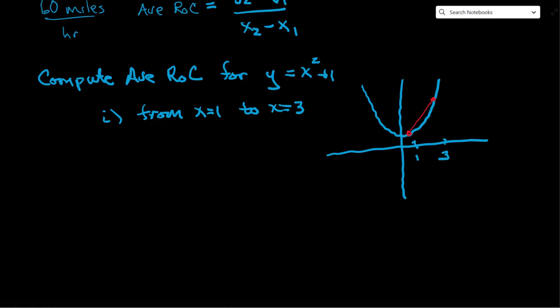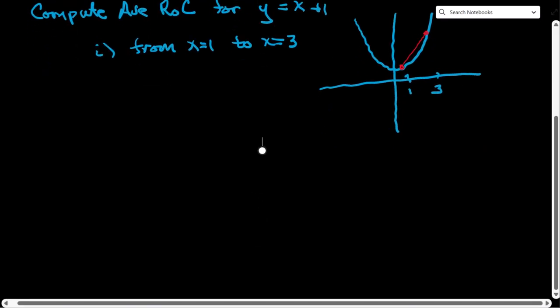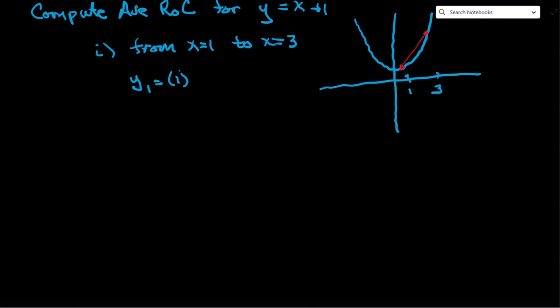In other words, it's nothing more than the slope. So to actually compute this, we're going to compute y1 as being 1 squared plus 1, and y2 is going to be 3 squared plus 1.